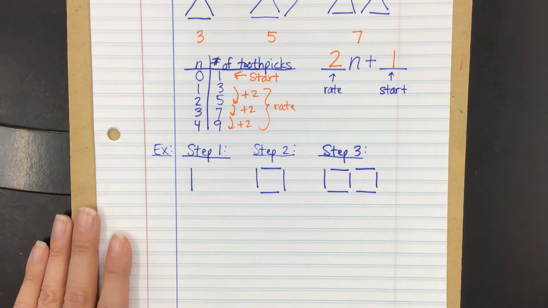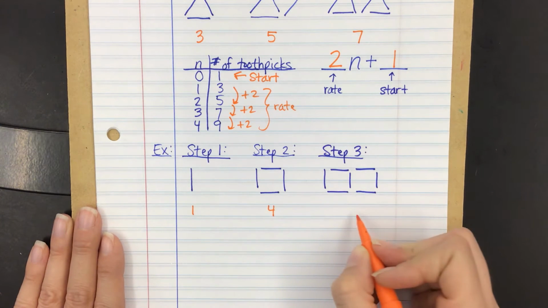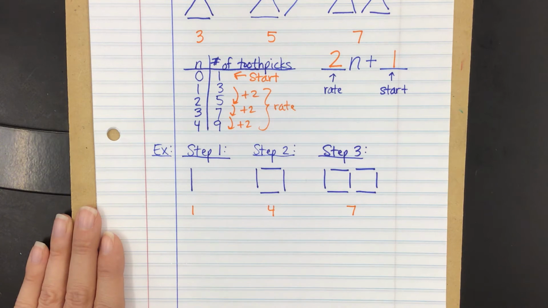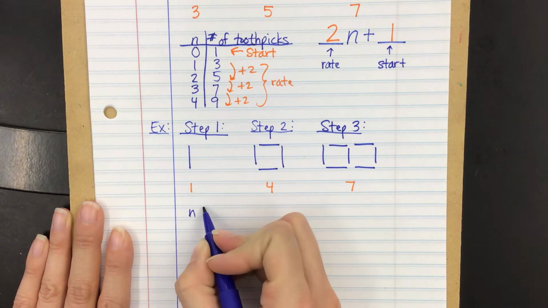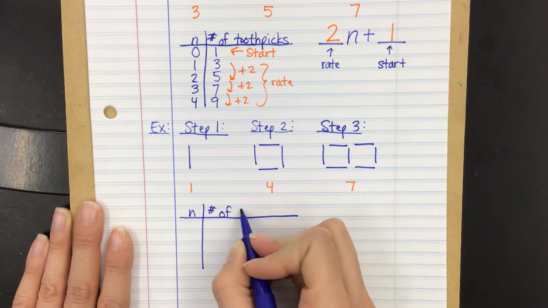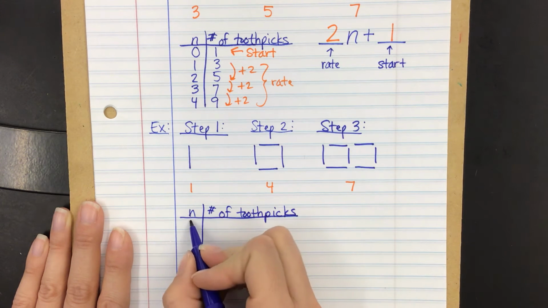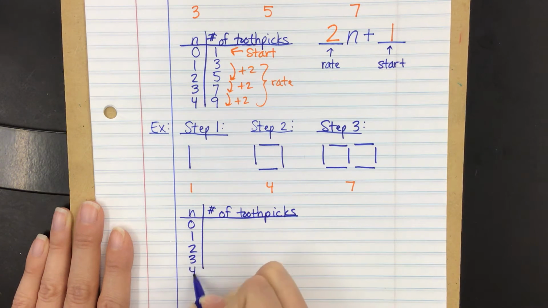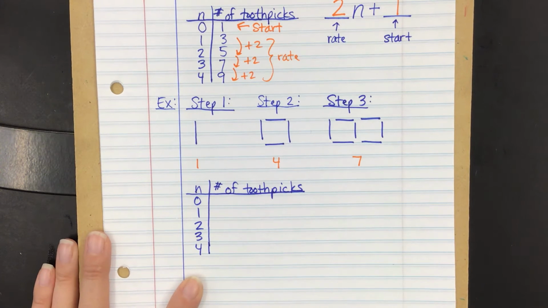Count how many toothpicks are in each one. Okay, then we're going to create a table so that we can find out what our starting value is.